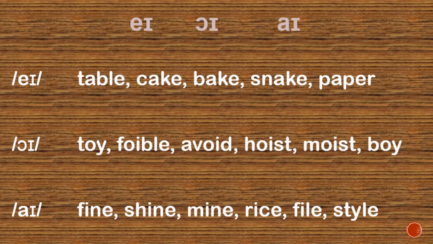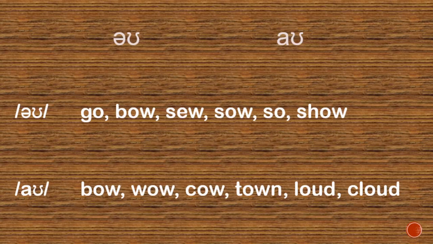Now we have covered 6, and naturally 2 more remain, the O and OW sounds. O is a very typical British sound. It is in RP. Even in England, many people do not use this.